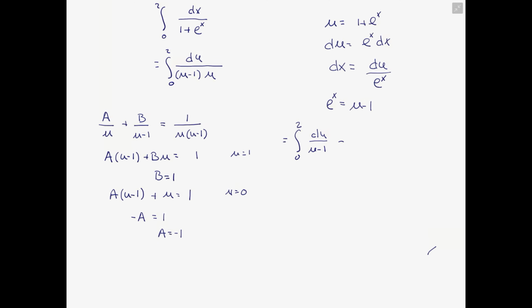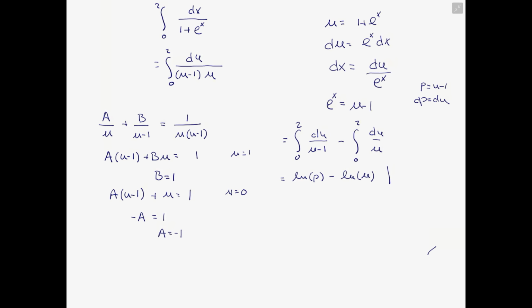Let's make that a little nicer looking. 2 and minus 0 to 2 of du over u, and p equals u minus 1, dp equals du.